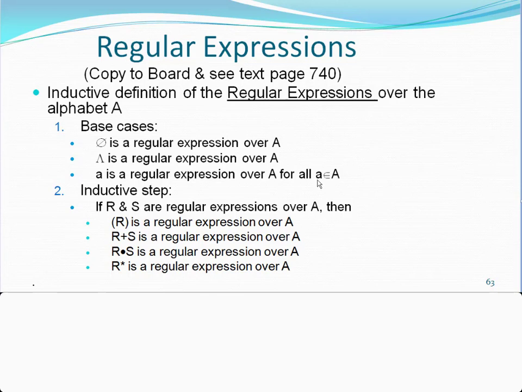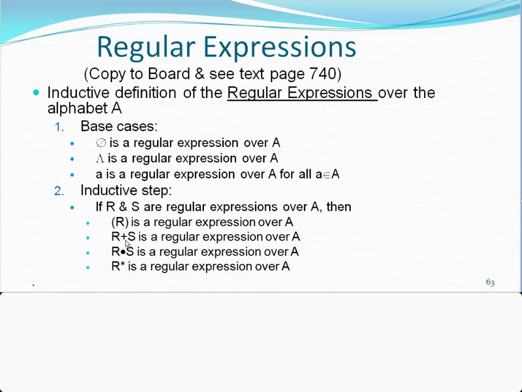And if you have an alphabet A, and little a is an element of your alphabet, then little a by itself is a regular expression over that alphabet. And then we have our inductive step, the same way we did with regular languages. If you have two regular expressions, you could take one of them and put parentheses around it. You saw me doing that earlier.